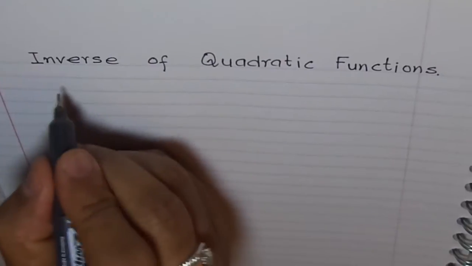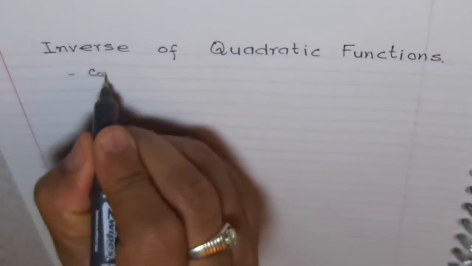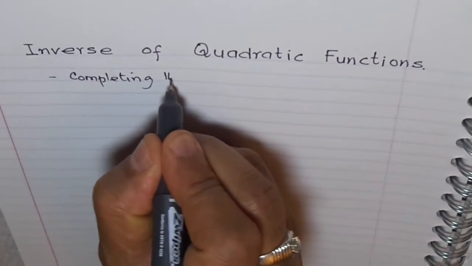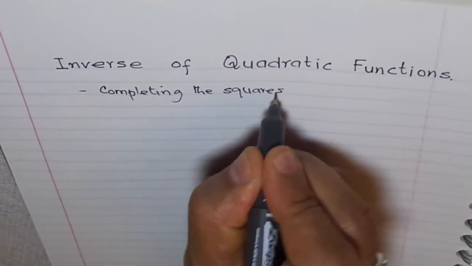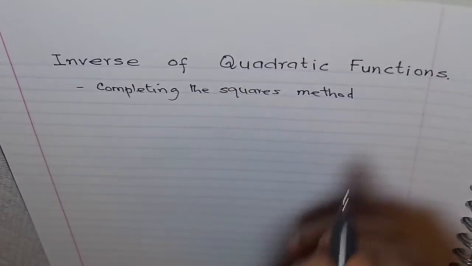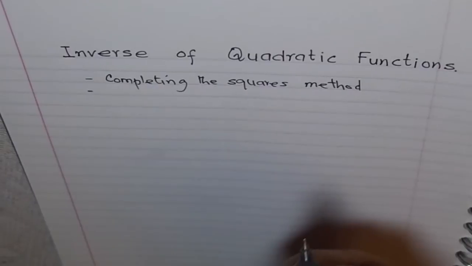So the steps involved will be, first, completing the squares. This will also be a review for you to see how to do completing the squares.